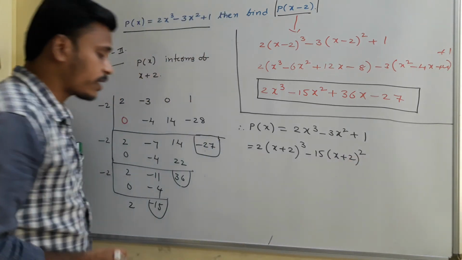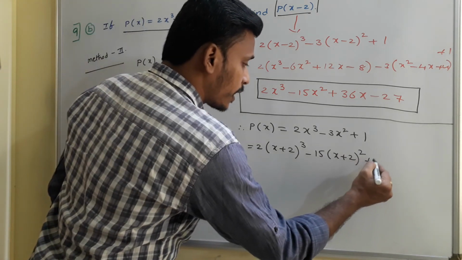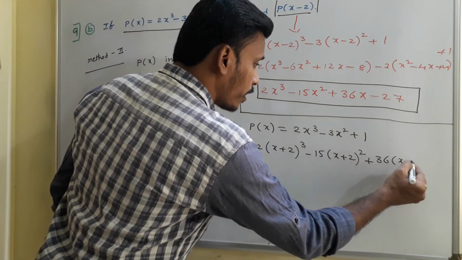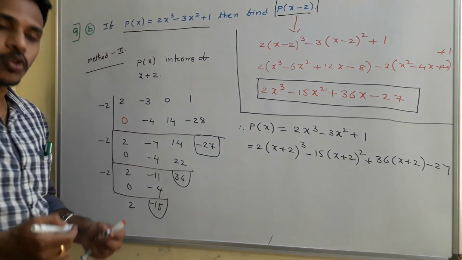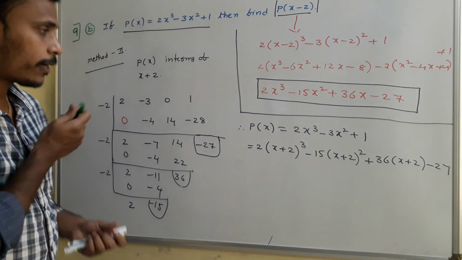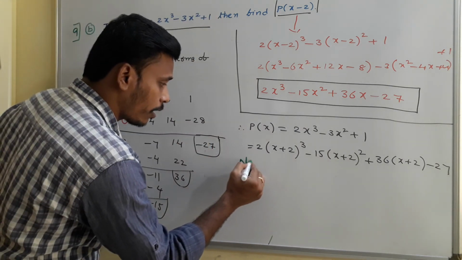You just try to understand what I am going to convey for you. Plus 36 into x plus 2 minus 27. This is p of x only, but our target is to find p of x minus 2.